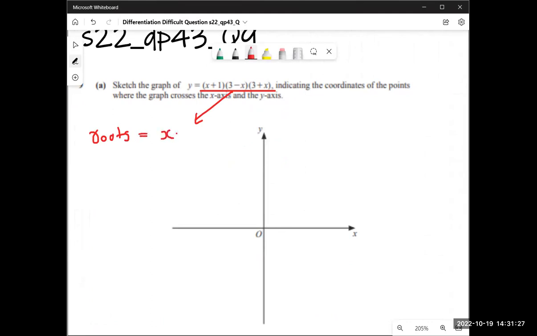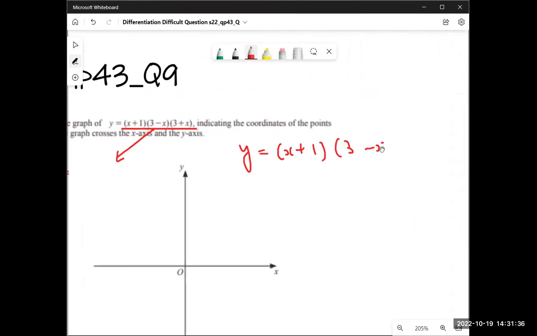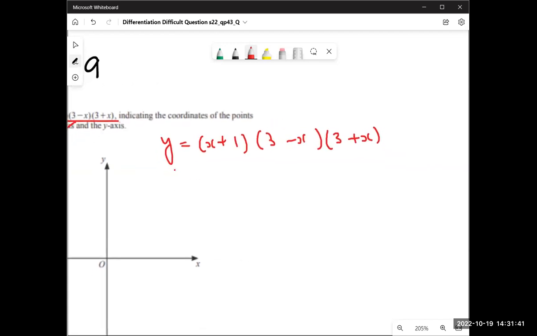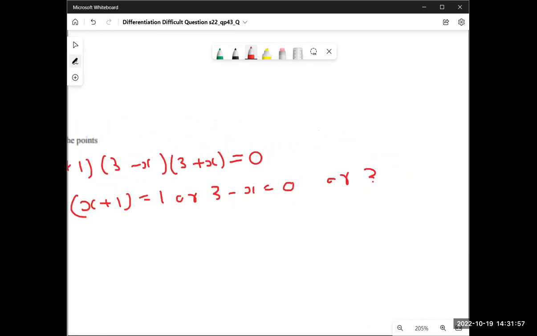Was this a differentiation question from the exam? Yes, it was. Now, when I make this equal to 0 and factorize, I realize that x plus 1 equals 0, or 3 minus x equals 0, or 3 plus x equals 0.